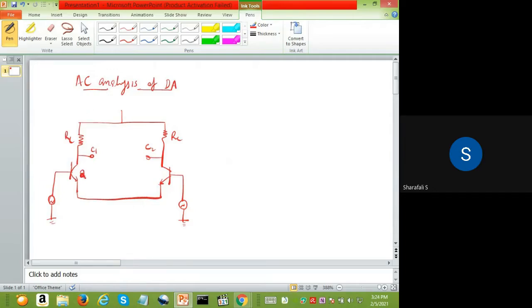This is Q1, Q2. The circuit will be reduced like this. All DC sources are there.